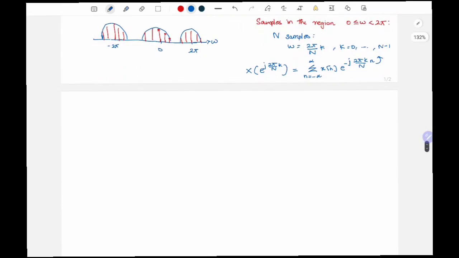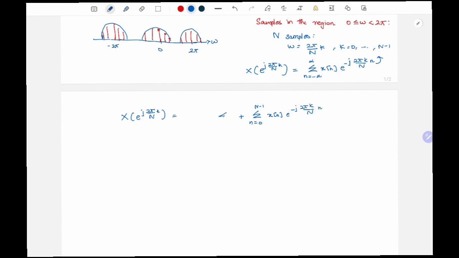So now if I elaborate this, X of e power j 2 pi by N into k is equal to, so now n is going from minus infinity to infinity. So I will elaborate this in regions of N terms, like multiples of N. For example, I'll consider n equal to 0 to N minus 1 as my first group. So it will be x of n e power minus j 2 pi k by N into n.